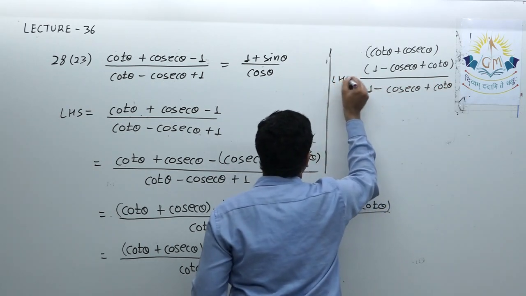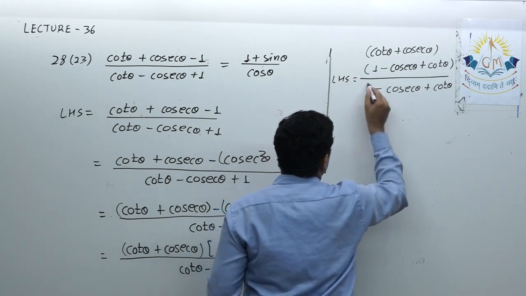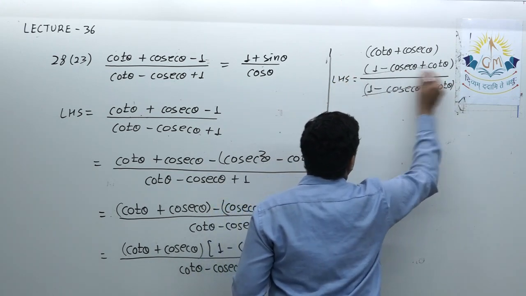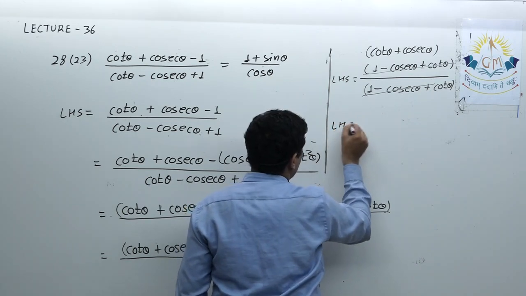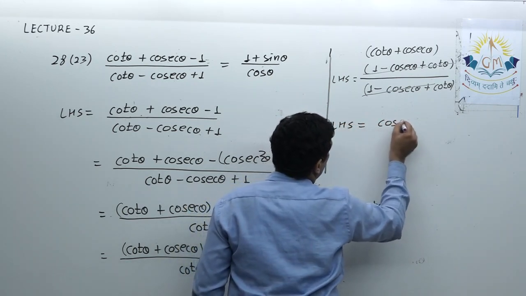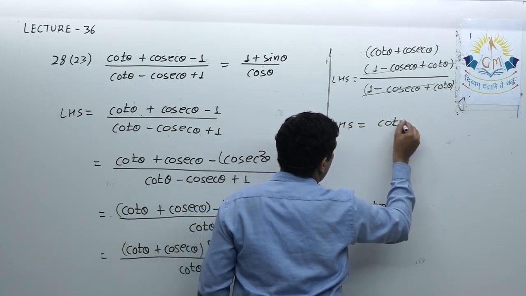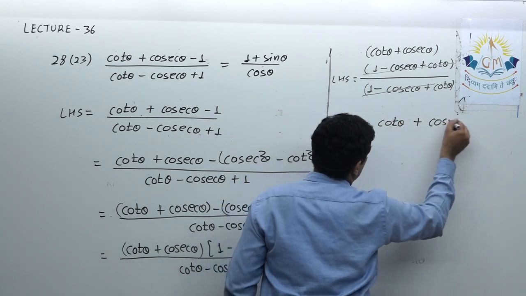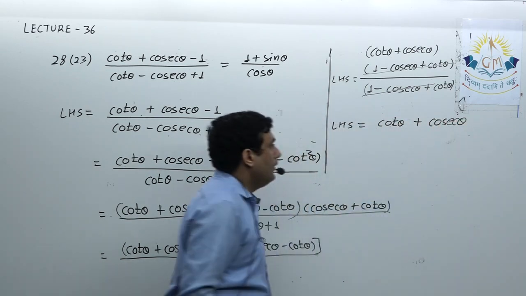This term will cancel out with this term, so in the left hand side we will get cot theta plus cosec theta.